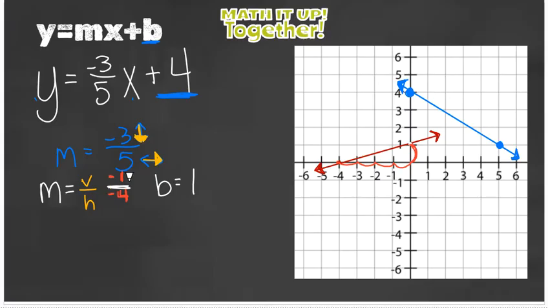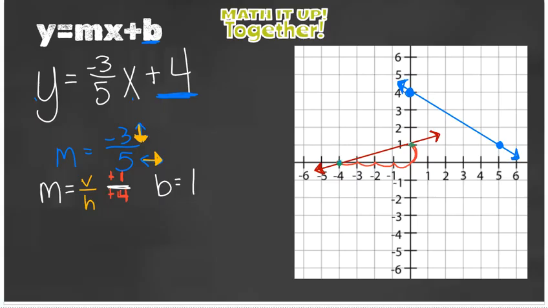Now, as most of you know, a negative divided by a negative is a positive. So I can easily just make these both positive like this. If I go from this point to this point, I can count it the other way and make sure I'm correct about all this.